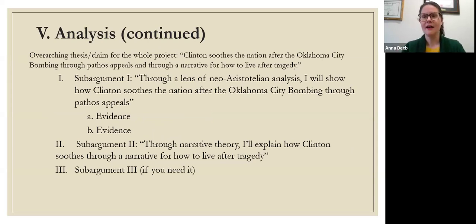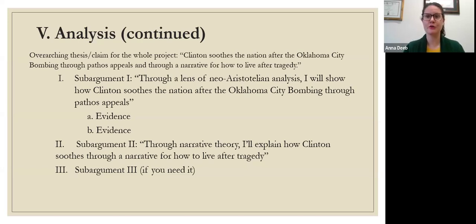So let's say I'm examining a presidential address. Basically, President Bill Clinton gave a national eulogy after the Oklahoma City bombing in the 90s when Timothy McVeigh bombed a building in Oklahoma City. It killed many people and it absolutely shocked the nation. It was one of the first instances of domestic terrorism in recent memory.